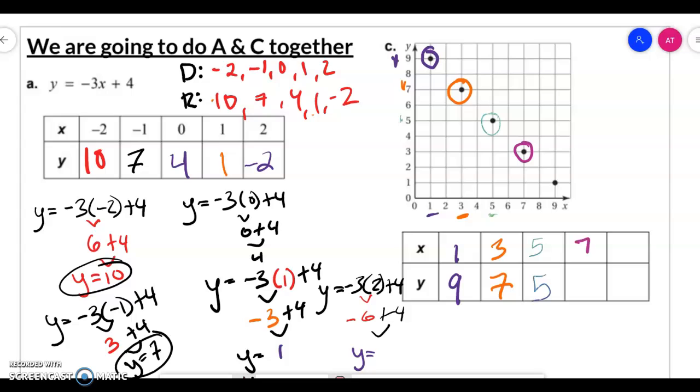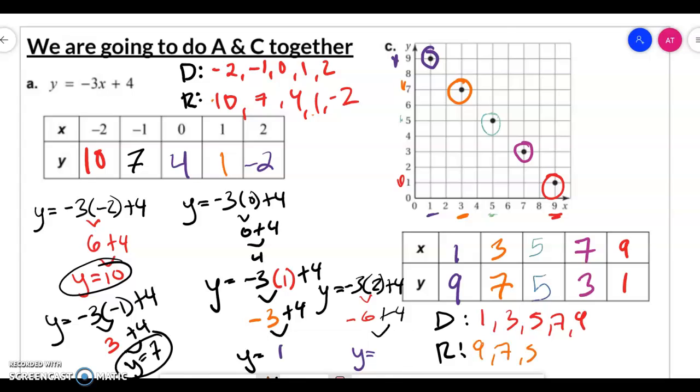And 7, 3. Remember X is always first. Move left to right and then up and down. And then 9 and 1. So I'm going to write out my domain and range values, which is going to be 1, 3, 5, 7, and 9. And my range values 9, 7, 5, 3, and 1.